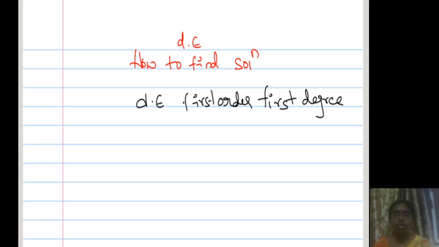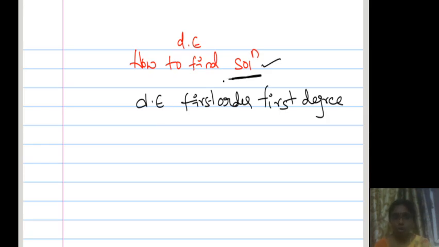To find the solution of a first order first degree equation, we have given some 4 methods. By using those methods, you find the solution. But you have to decide which method is applicable to the given differential equation, based on the condition requirement.